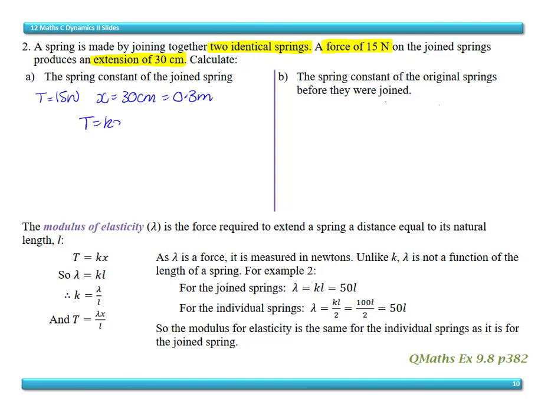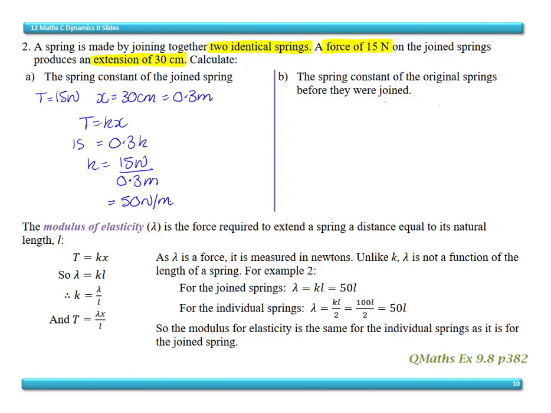T equals Kx, so 15 equals 0.3K. So our K is 15 newtons over 0.3 meters, which is 50 newtons per meter. So that's our spring constant.